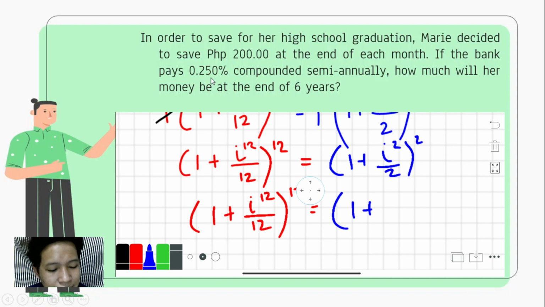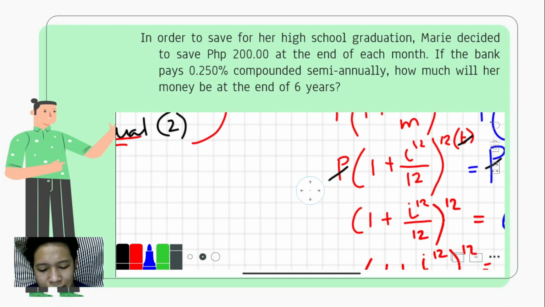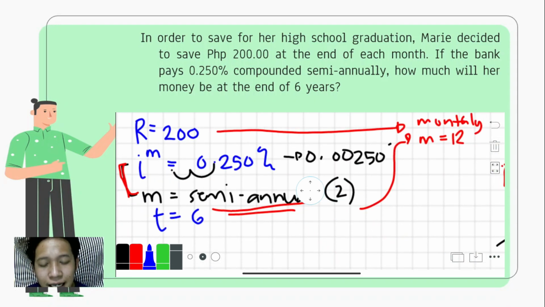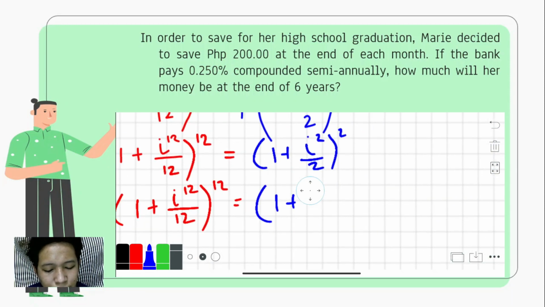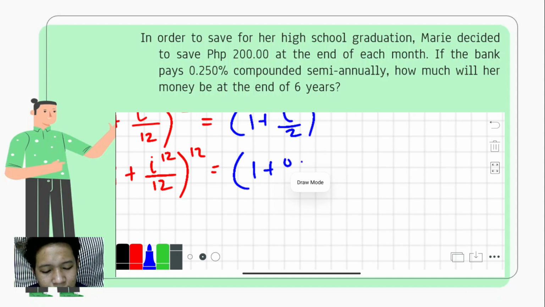So yung nominal rate natin kanina, kung inyo pong mapapansin, that is 0.00250. So we have 1 plus 0.00250 over 2 raised to 2. Okay, and then we simplify.